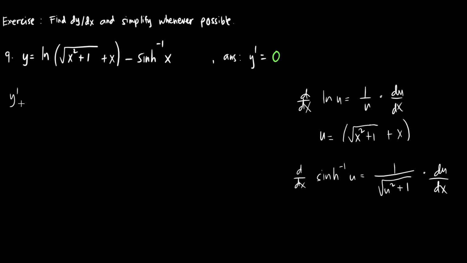So we have y prime is equal to 1 over u, which is the square root of x squared plus 1 plus x, and then the derivative inside. Our u here is equal to x.